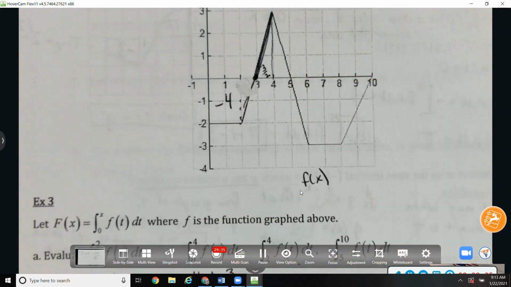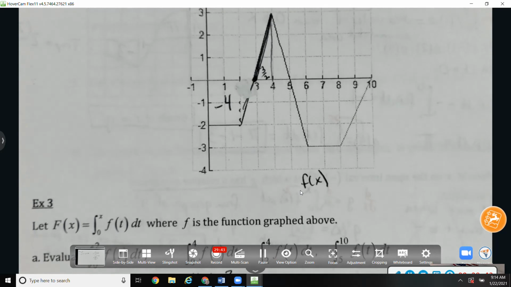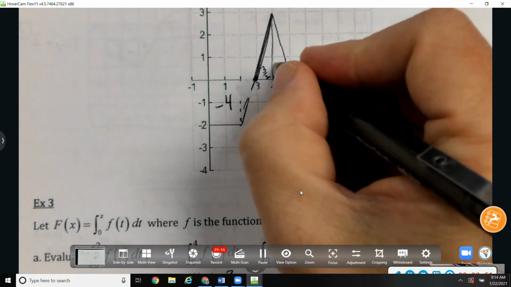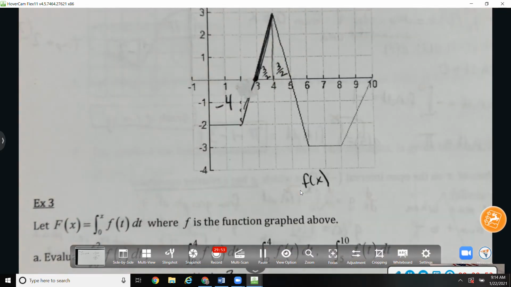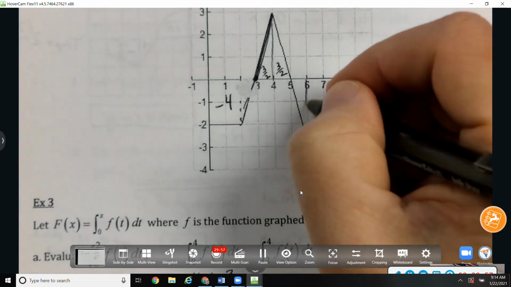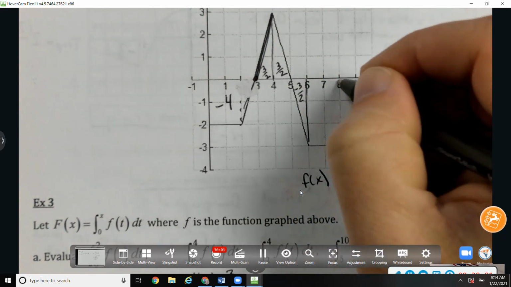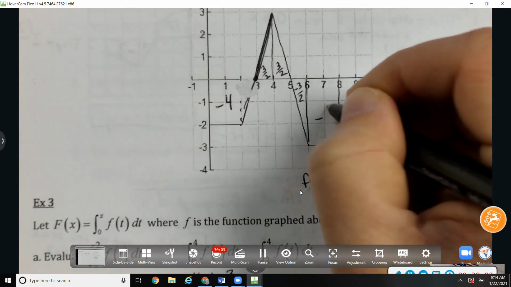Got whiteout upon whiteout here. Maybe I may have to re-record this one when I teach third period. Well, to 4 it's 3/2. There's also 3/2 on the other side. Right? And then this one on this side is negative 3/2. Negative 6.